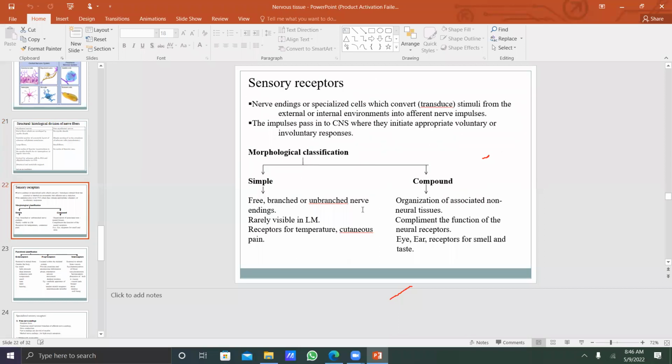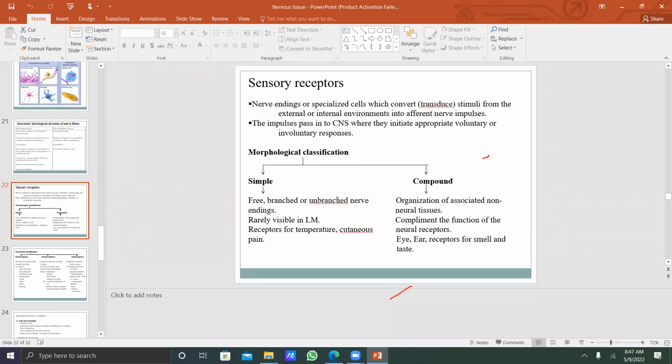Then let's go to the sensory receptors. Sensory receptors are the nerve endings or specialized cells which convert stimuli from the external or internal environments into afferent nerve impulses.